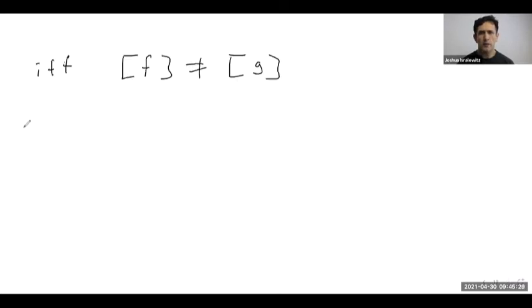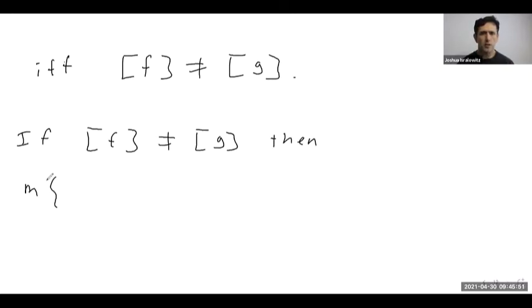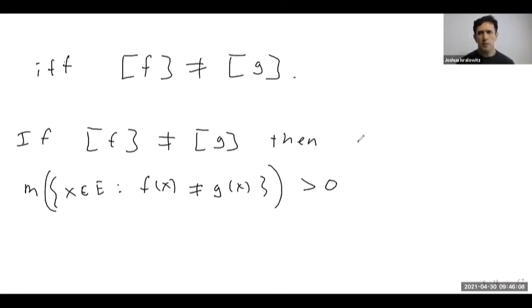Okay, so the proof of this, well, one direction is pretty trivial. If these two classes are not the same, then the measure of the set here is positive.